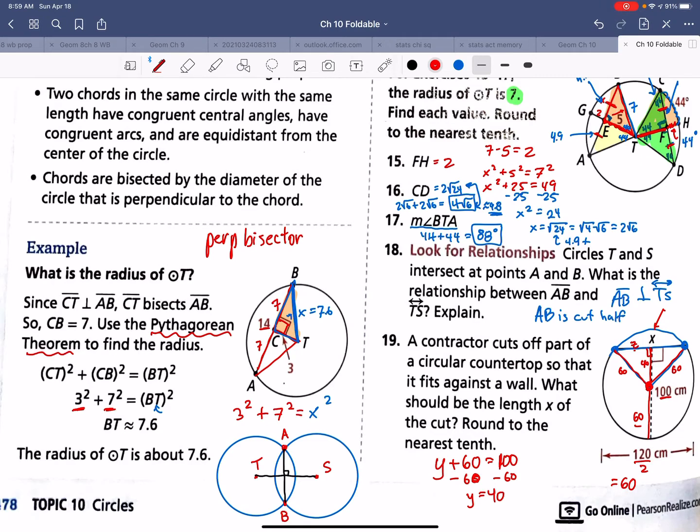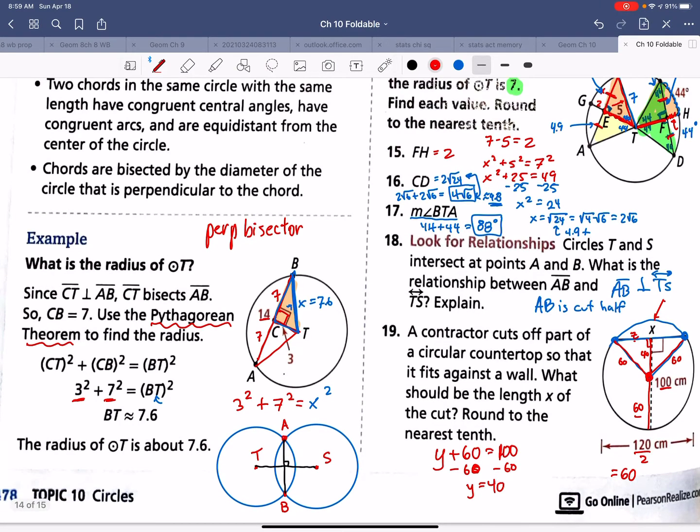Okay, and that kind of looks like the most famous triangle of all time. So let's do it. It says one of our sides is Z, so I'll do Z squared. One side is 40, 40 squared. And that has to equal the hypotenuse squared.